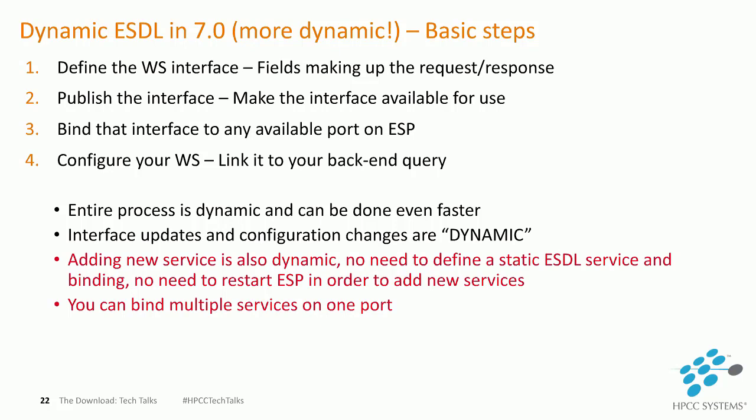So the entire process is dynamic, and it can be done even faster. The interface updates and the configuration changes are dynamic, of course, plus adding new services is also dynamic. And as a result, you can bind multiple services on one port.